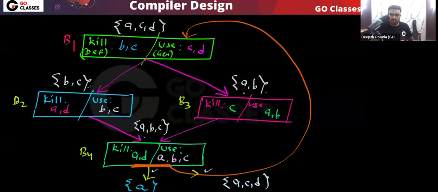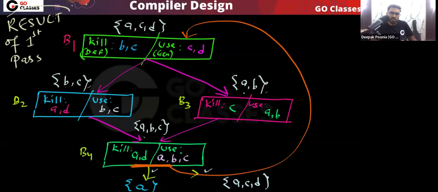Okay, here let me write. See, this was the result of first pass. So let me write it here, that this was the result of first pass. This was the result of first pass.